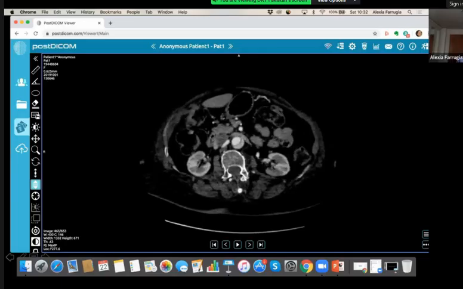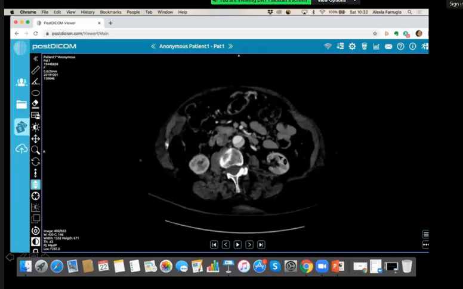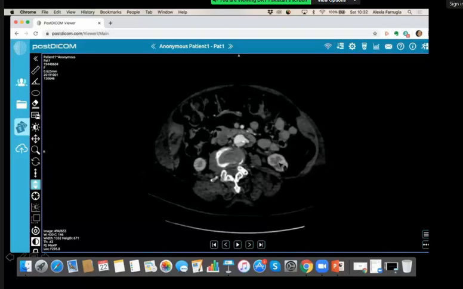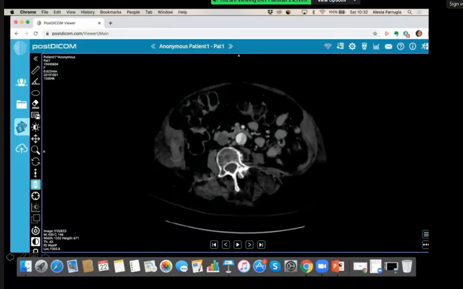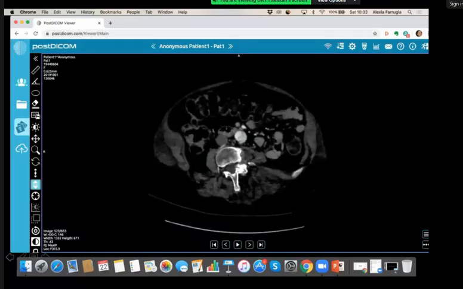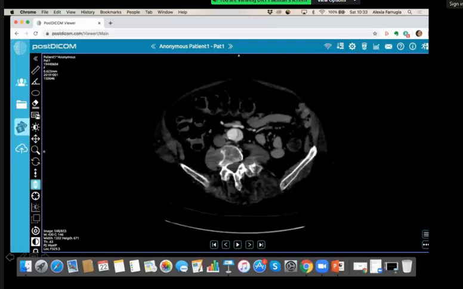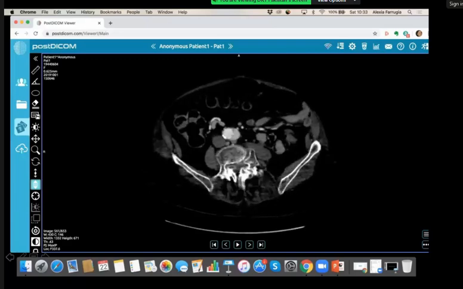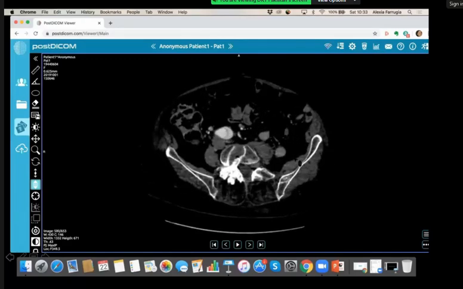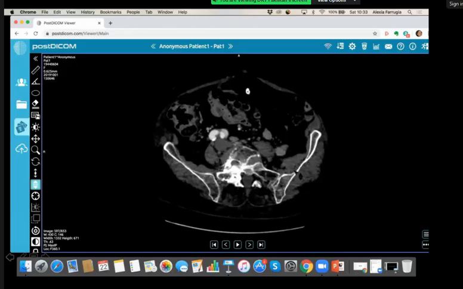Perfect. So this is a large dissection flap involving basically the whole ascending aortic arch, extending up into the brachiocephalic, and with left renal hypoperfusion. This is a surgical emergency, and I think it's DeBakey type 3.